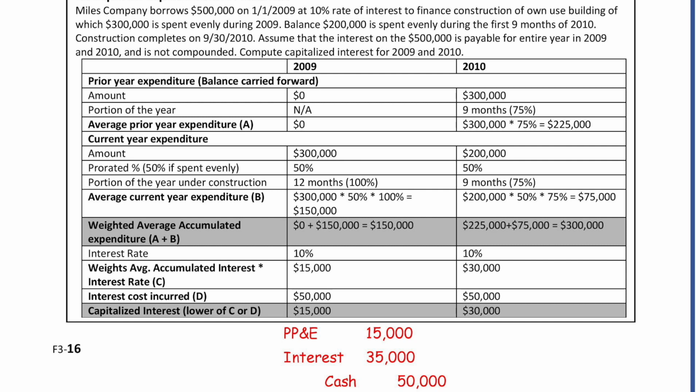For 2010, debit PP&E for $30,000, interest $20,000, and cash went out, cash credit $50,000. So though the interest cost incurred, the actual cost was $50,000, only $30,000 of that cost was capitalized as PP&E. The balance was interest expense on the income statement.